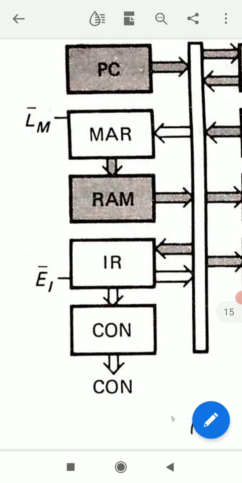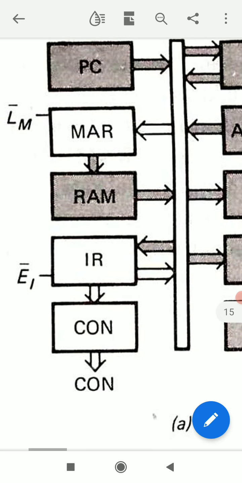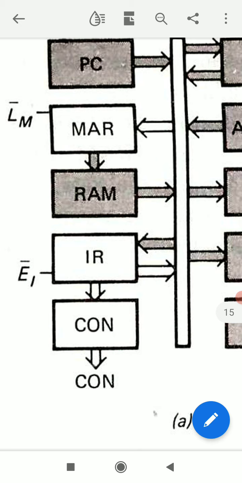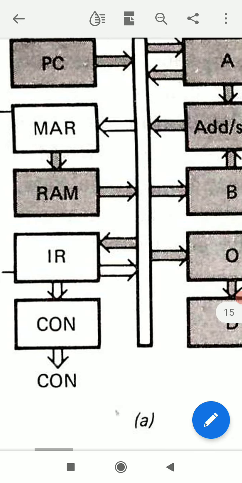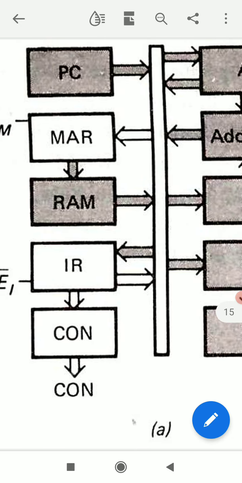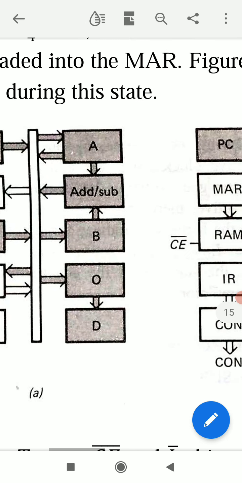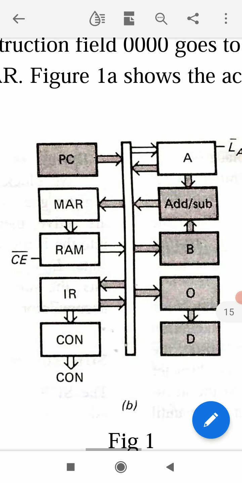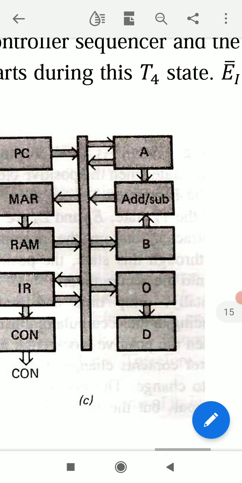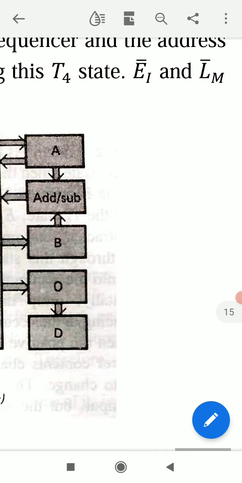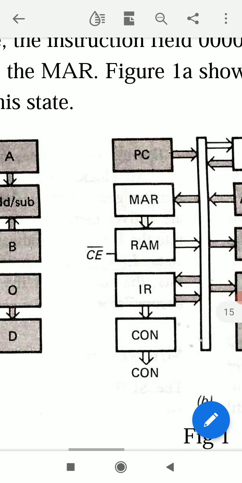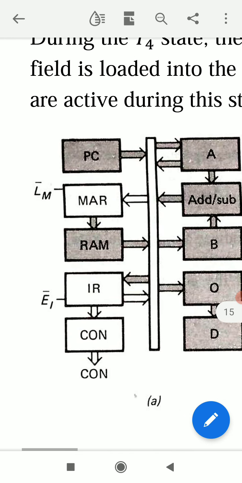So in this T4 state, these MAR, memory address register, IR, instruction register, and CON, controller sequencer, are active, and all other parts are inactive. Figure 1a shows the active parts during this T4 state. EI bar and LM bar are active during this state.